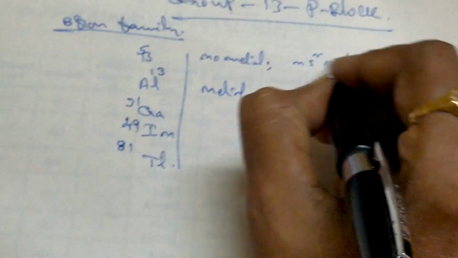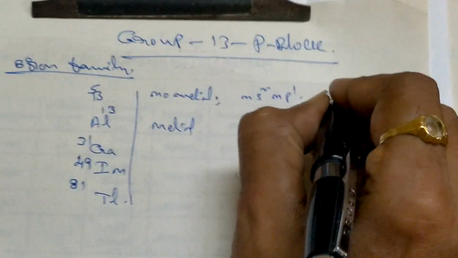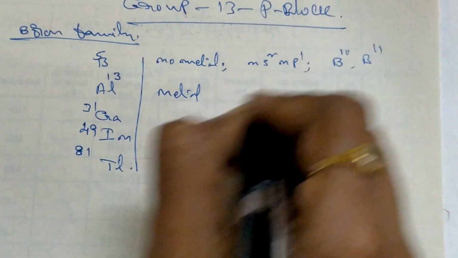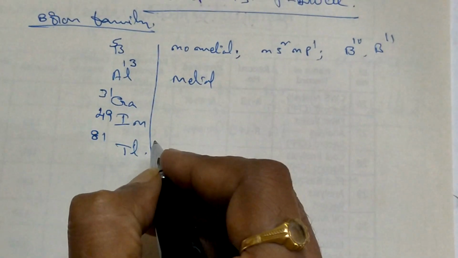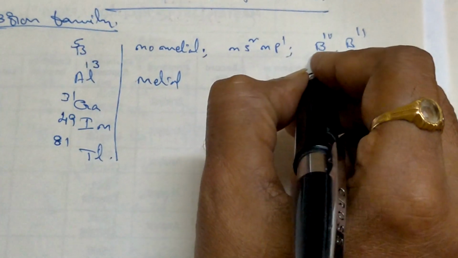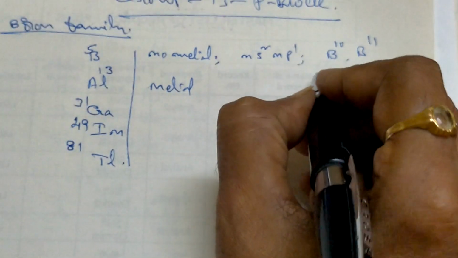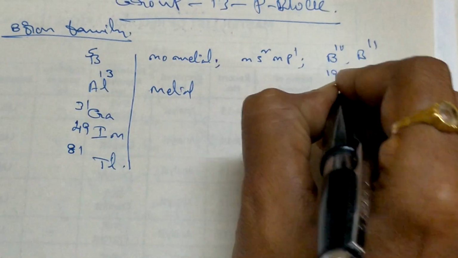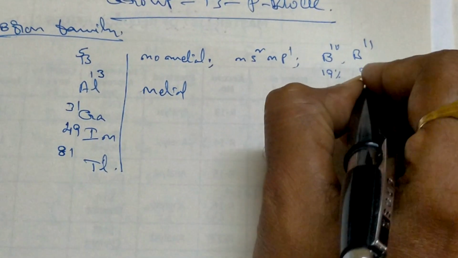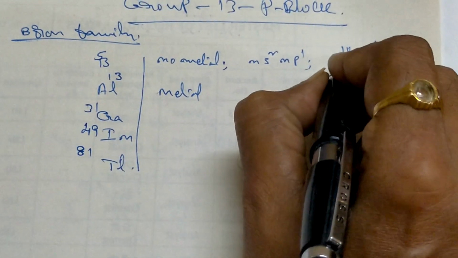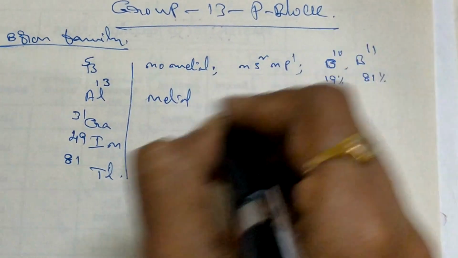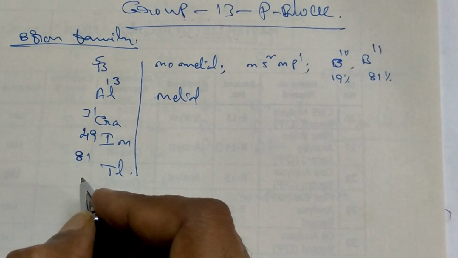The isotopes of boron are B10 and B11. B10 is only 19%. B11 is 81%. They have more nuclear applications.